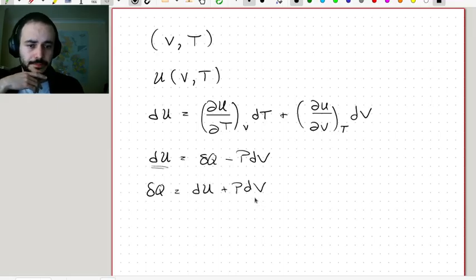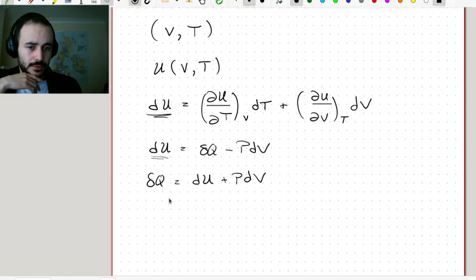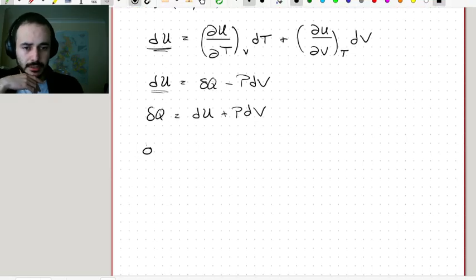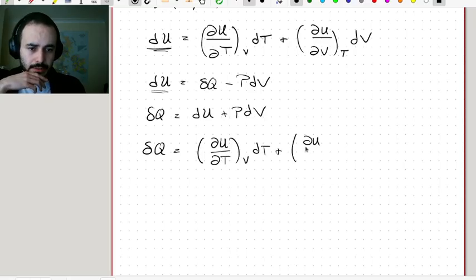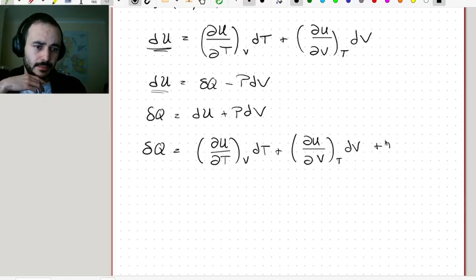Now let me write the differential of u, which is written up here explicitly. So delta q is going to be the partial derivative, and we already did a very similar calculation to this a couple of lectures ago: the partial derivative of u with respect to T at constant volume, dT, plus the partial derivative of u with respect to V at constant T, dV, plus pdV.